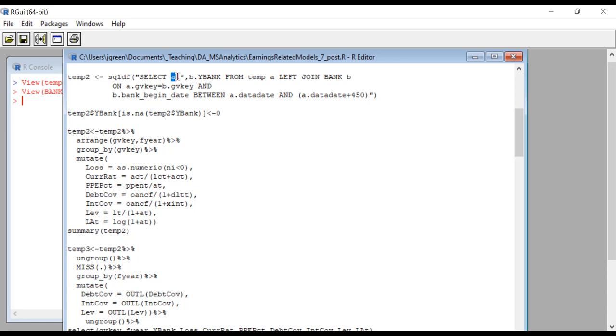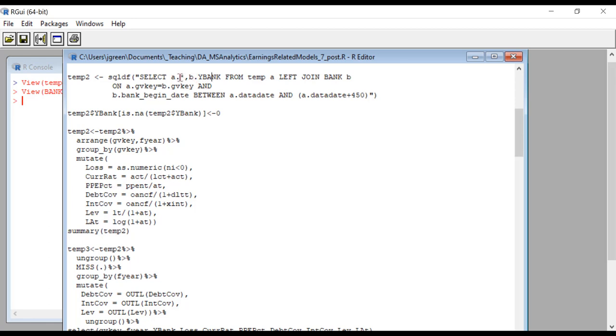And here I'm saying select from A, so I have little shortcut aliases for the data set. So here A is referring to temp, B is referring to bank. That allows us to do things in here instead of using the full data frame name. And by the way, SQL-DF means do SQL with data frames.